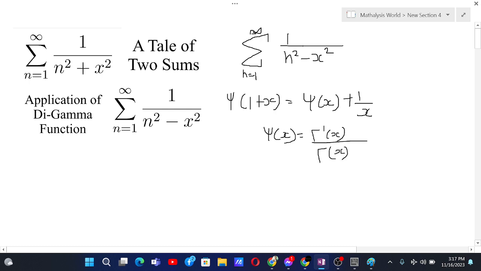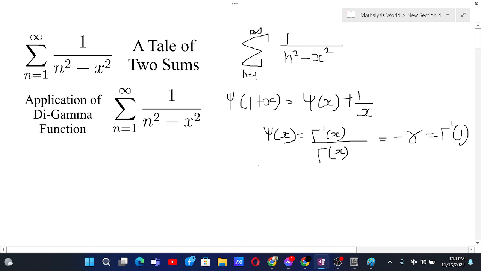For finding digamma of 1, you can just find the derivative of gamma of 1 by gamma of 1, and that's the negative of the Euler-Mascheroni constant, because gamma of 1 is just 1. Then you can find all the values for the digamma function.